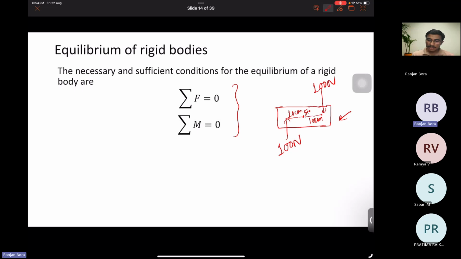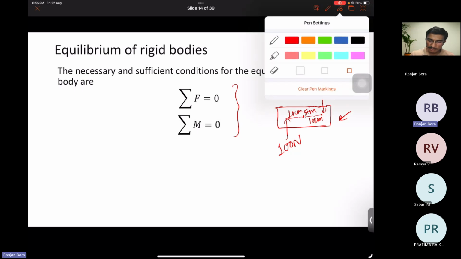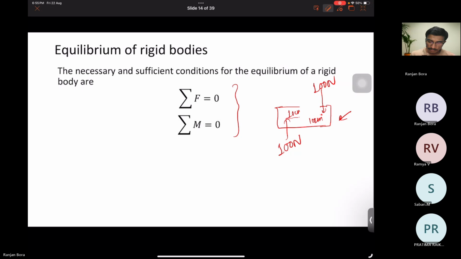Yeah, now this body is in equilibrium. Initially it was 5 centimeter. So now this body is in equilibrium, both force equilibrium and moment equilibrium.